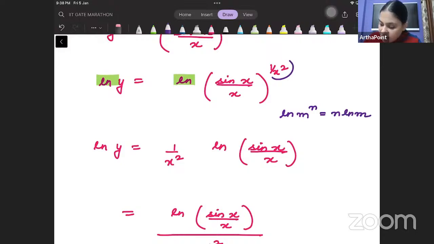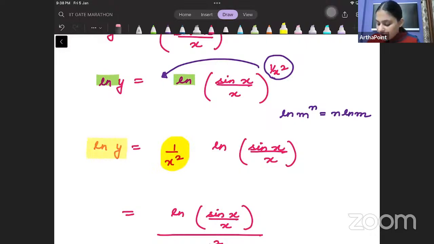So this power that you have right here can come here. When you bring this 1 by x square here, you will get ln y is equal to 1 by x square ln sin x by x.